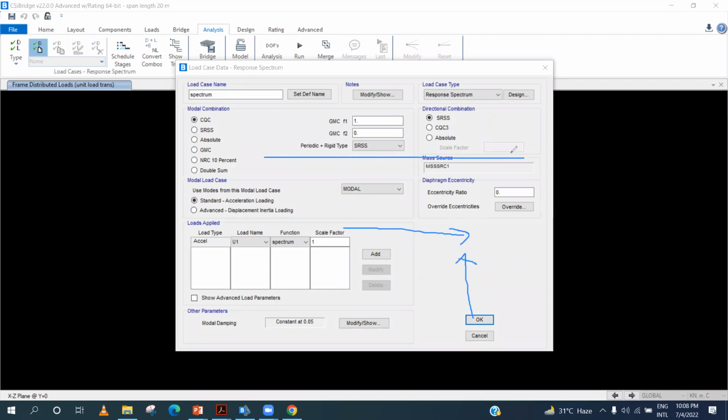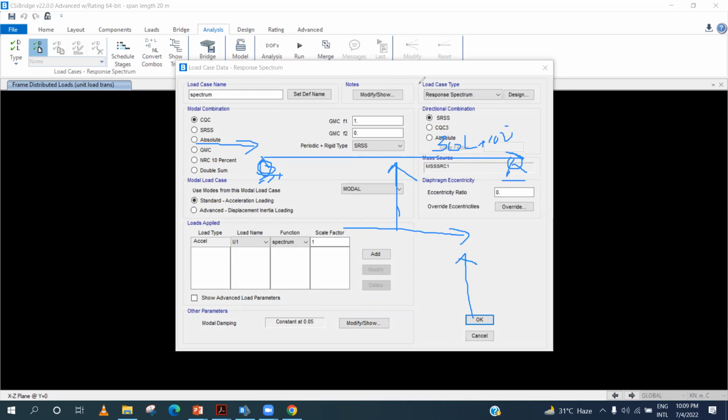So for this bridge, we will apply seismic loading, one in this direction and the other in this direction. Then we will use the code condition that I told you in the beginning: 30% of one direction plus 100% of the other.